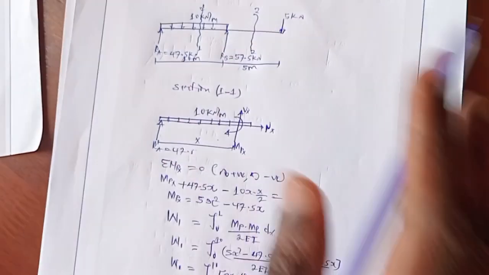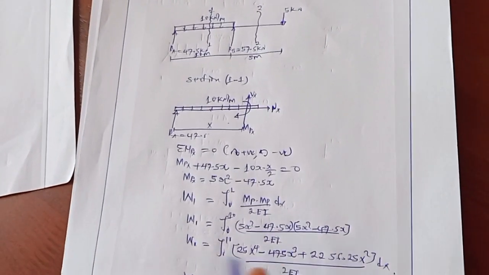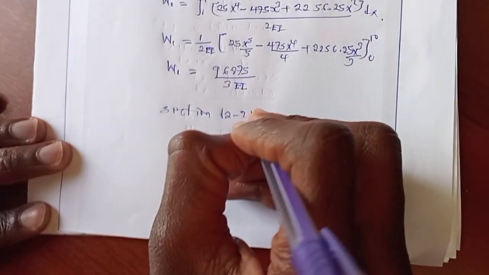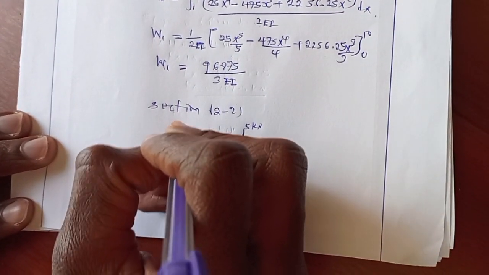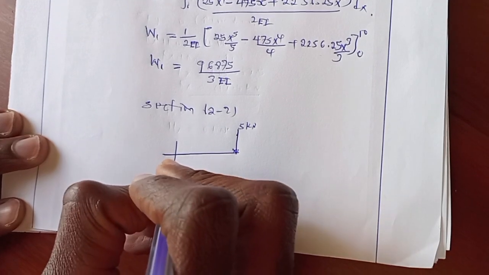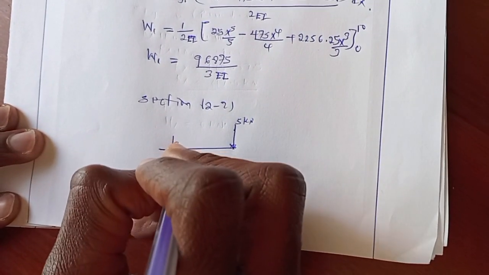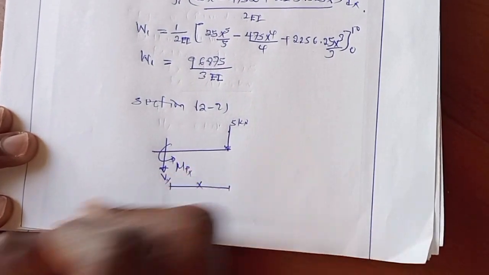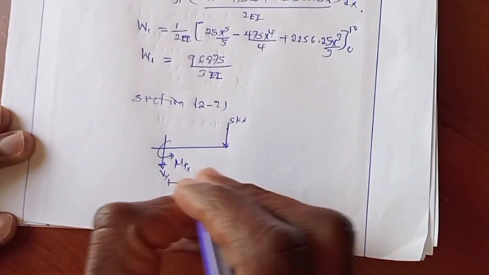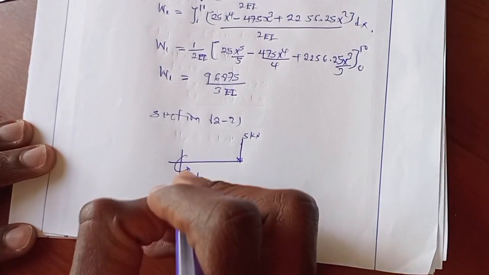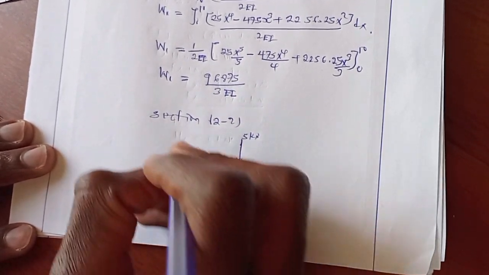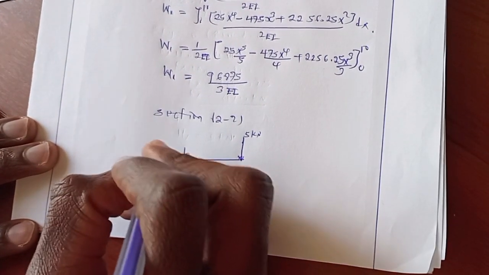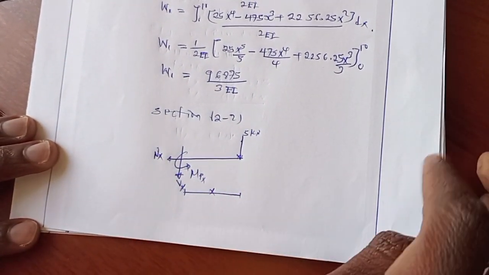For now, let's consider the section at the right side. Here is 5 kilonewton. Here it will be shear force Vx, and the moment due to applied load at point x. This is a known distance. We have cut a section. This is the normal force at point x.